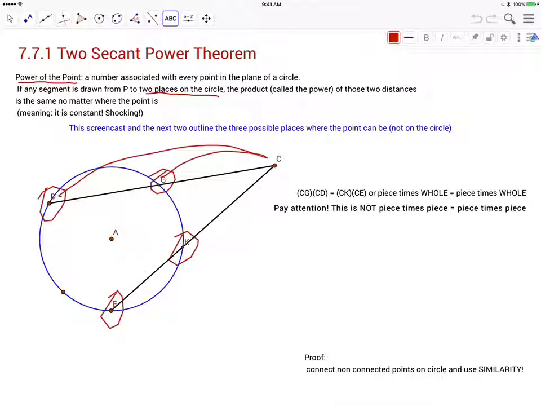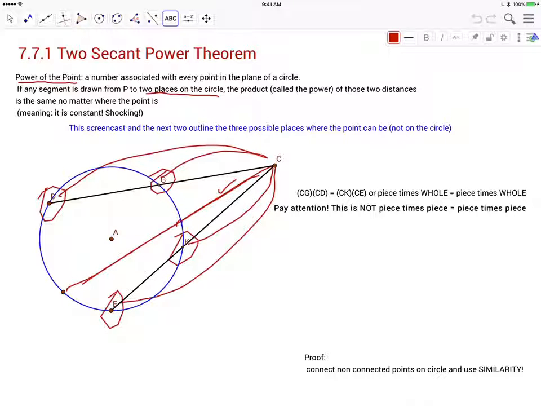Distance to G times distance to D is the power of the point, is the number. And that is preserved no matter where we are, because these two numbers multiplied will equal these two numbers multiplied. And in fact, any time I go from C to the circle, right, I'll get a number times the whole.